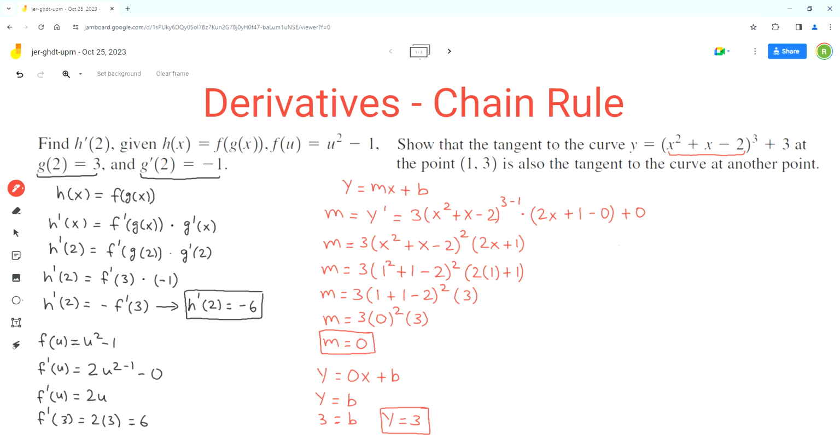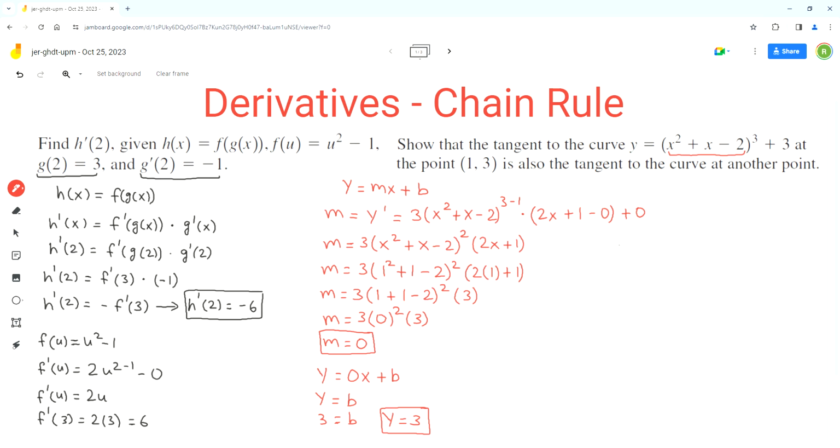Now we have to prove that this tangent that we got, y equals 3, touches the curve at another point and is a tangent to the curve at that point. So the next step here is to find all the possible intersection points between the given curve and this tangent line.